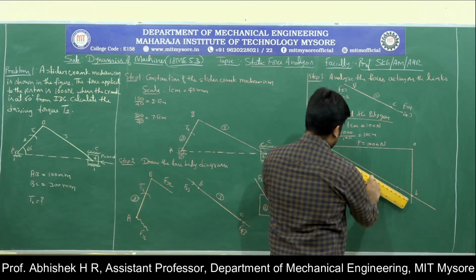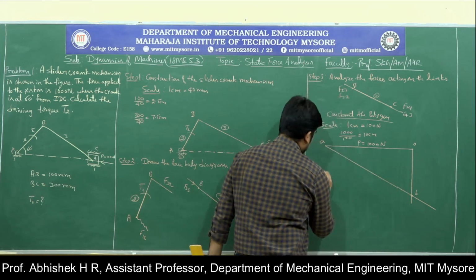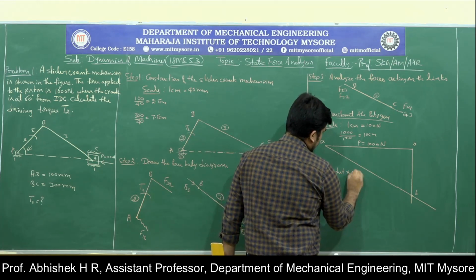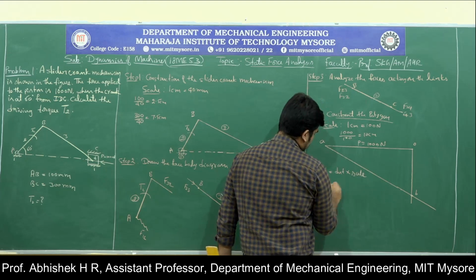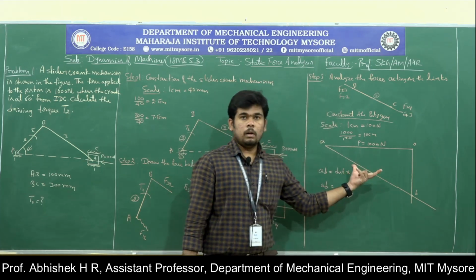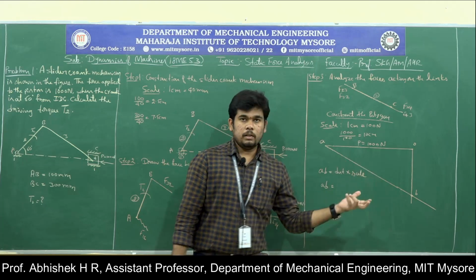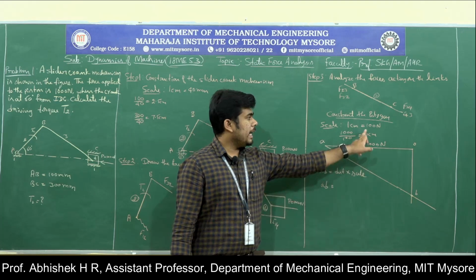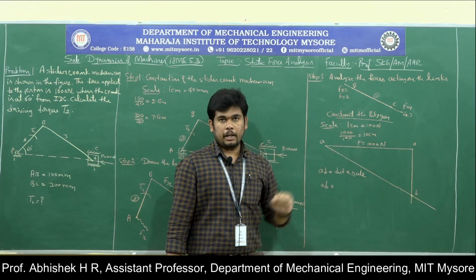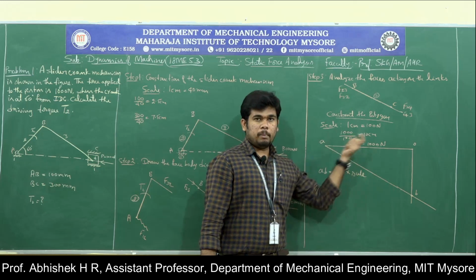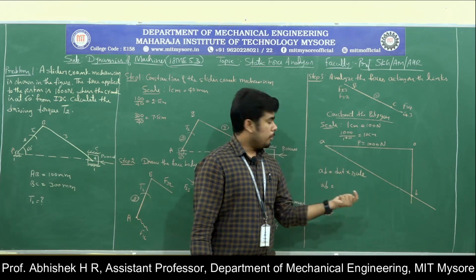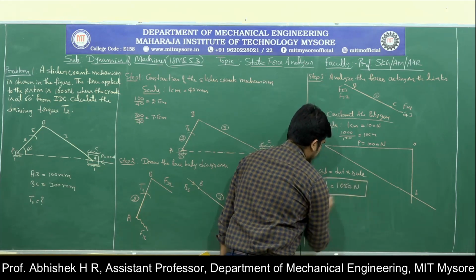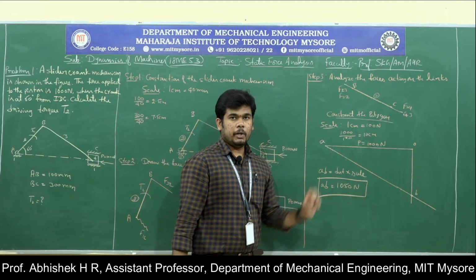Measure the distance of AB. You will get the distance in the scale. You have to measure the distance with your scale, and that answer must be multiplied with the taken scale, that is 100 Newton. If you measure and multiply with the scale of 100 Newton, you will get 1050 Newton.